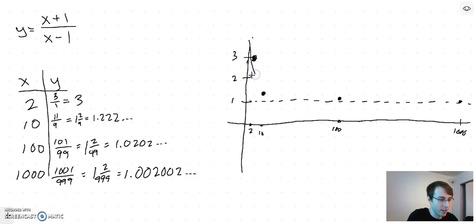And we connect the dots. And it's approaching this line, but never actually reaching the line.